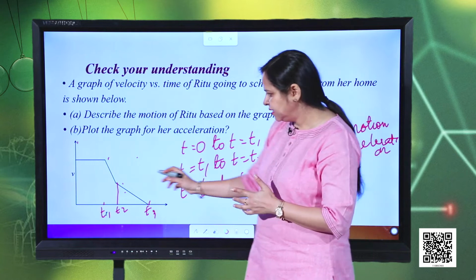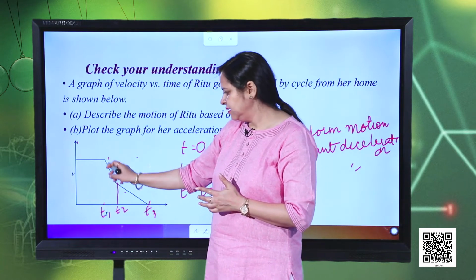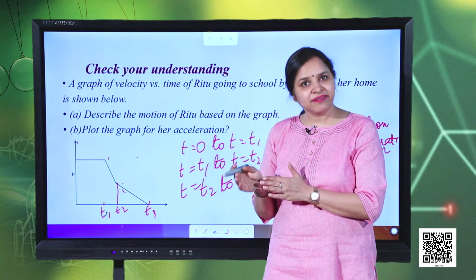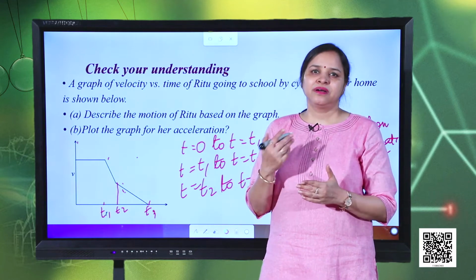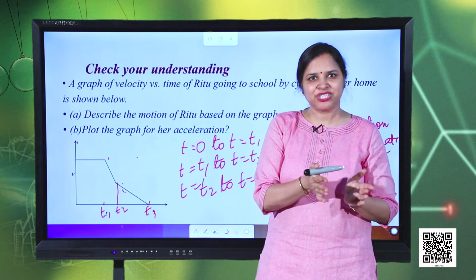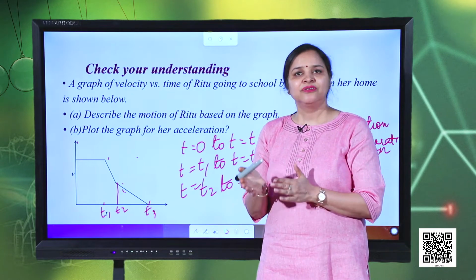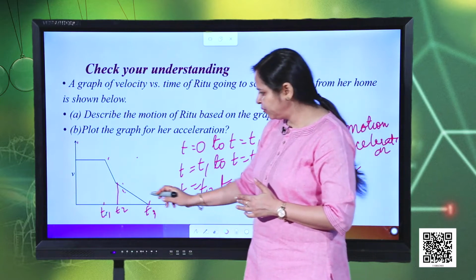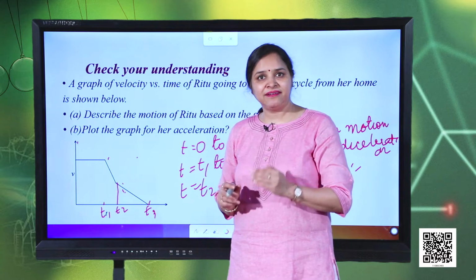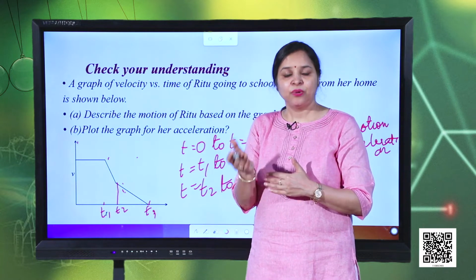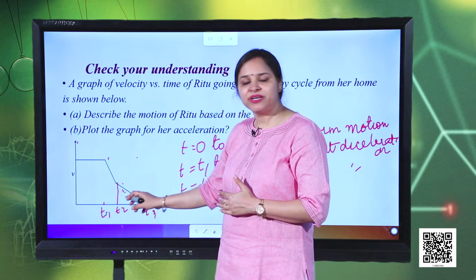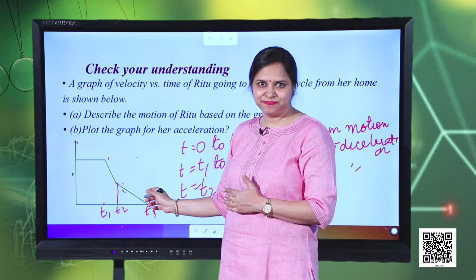We can see that the slope is greater during t1 to t2. We know greater is the slope, greater is the acceleration or deceleration. So, we may conclude that during t1 to t2, the rate of deceleration was greater compared to the rate of deceleration between t2 to t3.